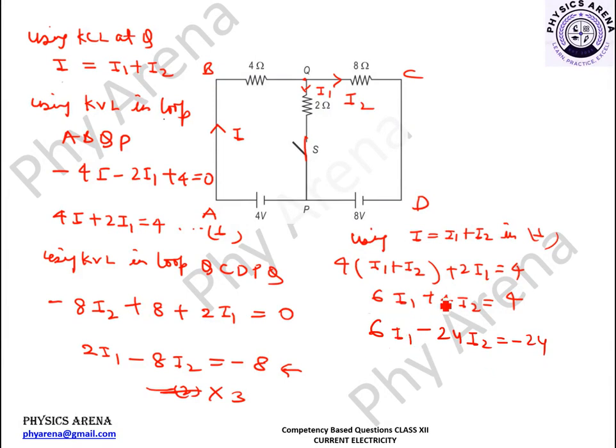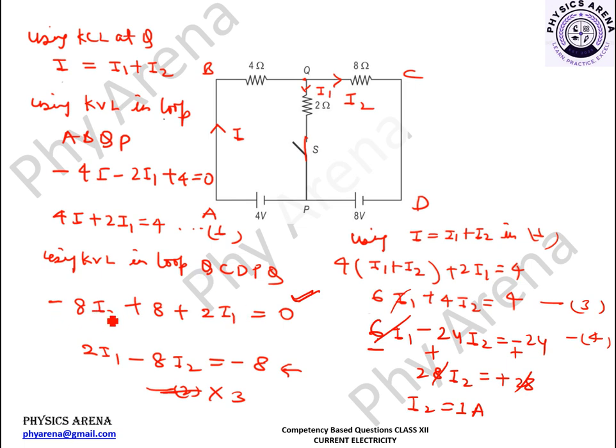I'm marking these two equations as 3 and 4. When we solve 3 and 4, the I1 terms get cancelled out. So 28I2 will be equal to 28, and I2 will be equal to 1 ampere. Now we can use the value of I2 in the equation minus 8I2 plus 8 plus 2I1 is equal to 0, and find I1 as well.